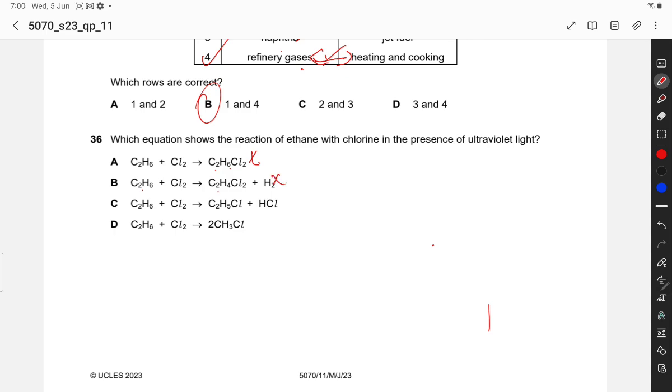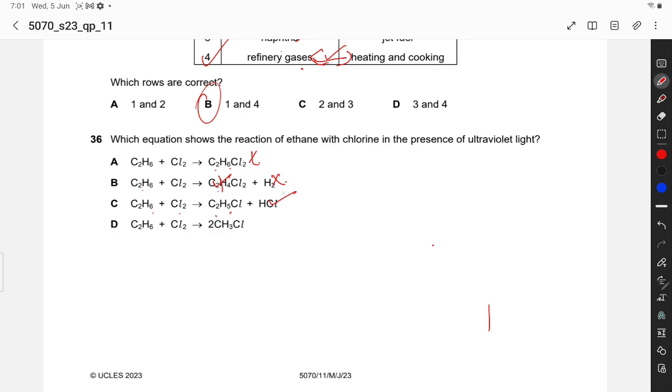No, H2 is not the byproduct. This is also not correct, because 1 mole of chlorine substitutes only one hydrogen atom.